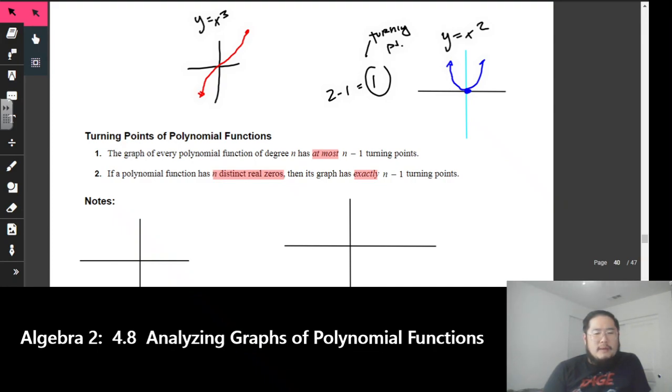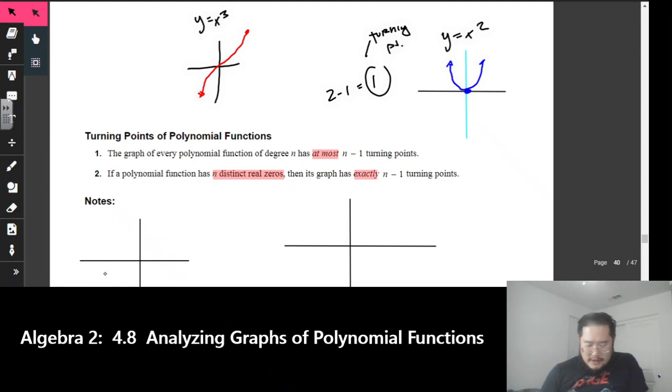So that's why it says at most. It doesn't tell you that there will be, for example, 2 turning points on this one, because there are not in this example of y is equal to x to the third. So keep that in mind as we go about the problems.